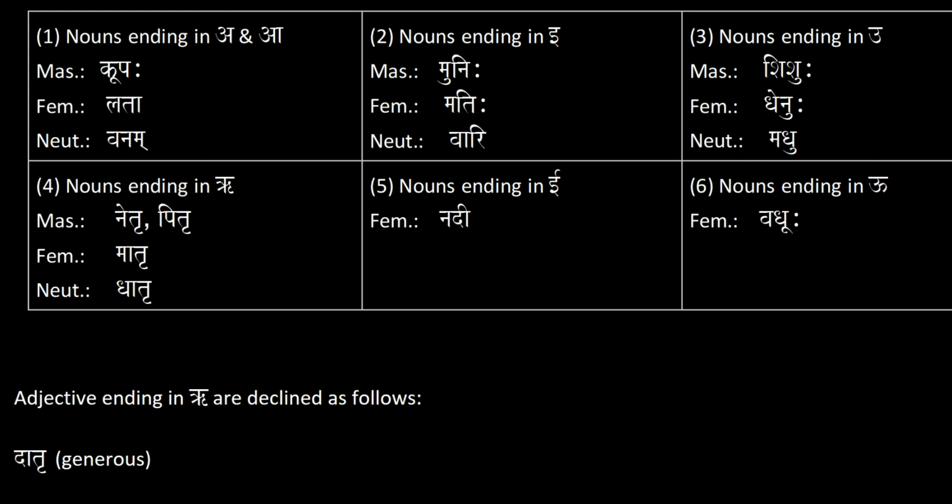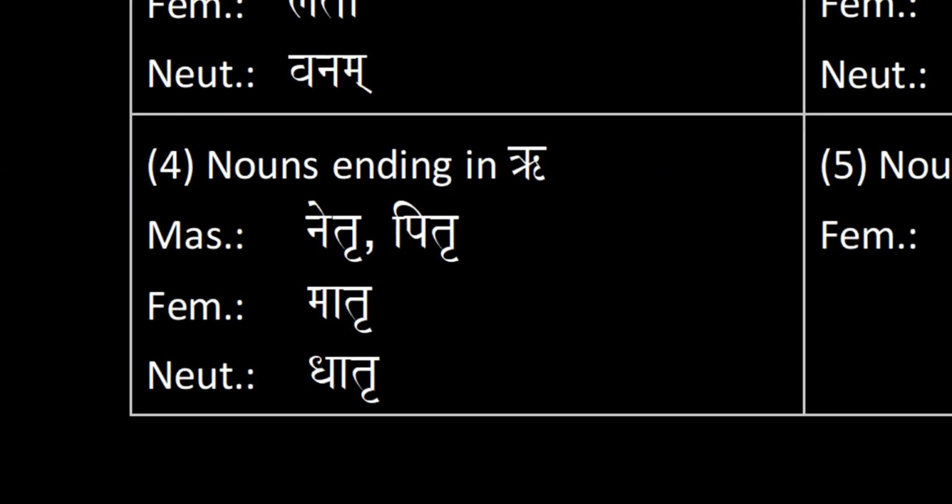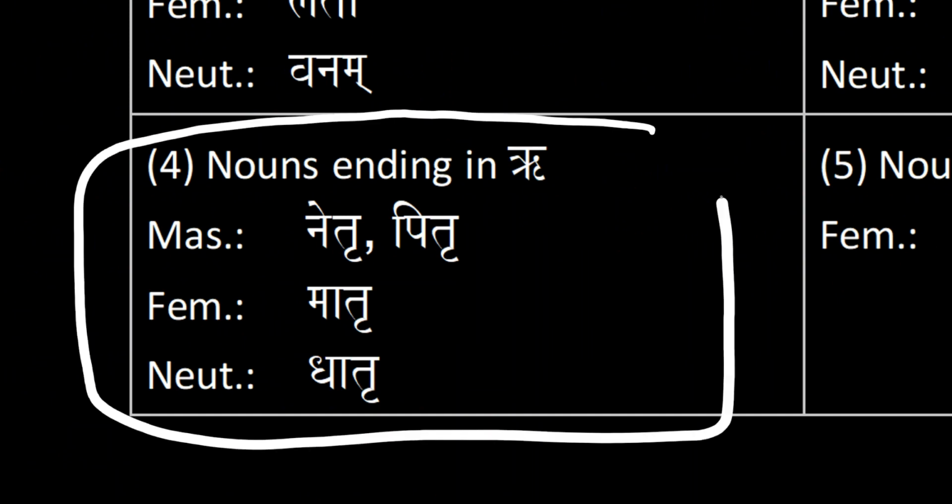In this lesson, we are going to learn about adjectives ending in ri. Since we're going to learn about adjectives ending in ri, the type of declension that we want to focus on are those for masculine, feminine, and neuter nouns ending in ri.